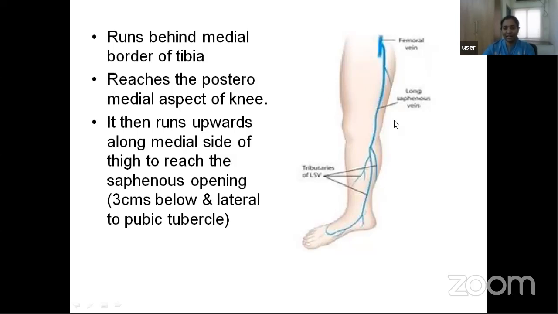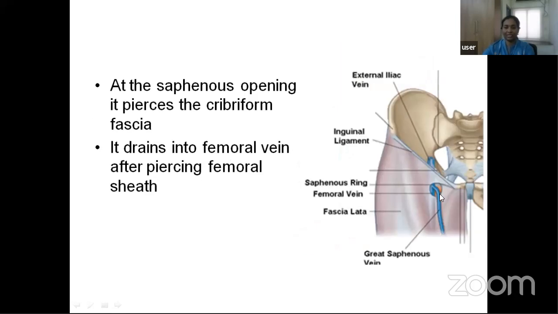But in the thigh region, again it comes to the medial side and then reaches the opening called the saphenous opening.